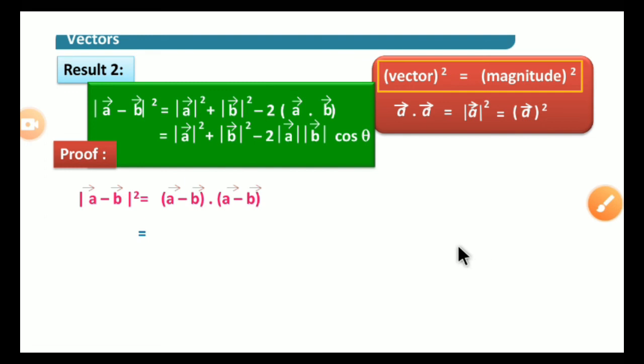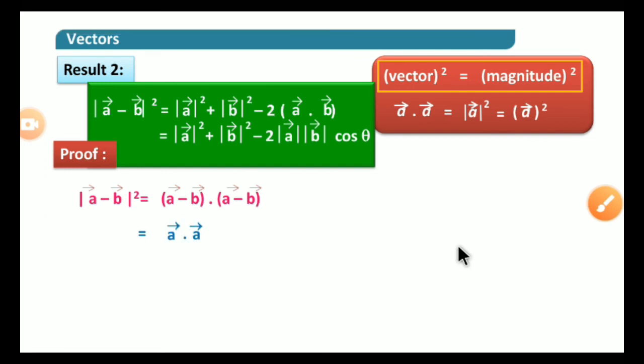So that A dot A minus A dot B, and again here we multiply, minus B dot A, minus into minus means it becomes plus B dot B.